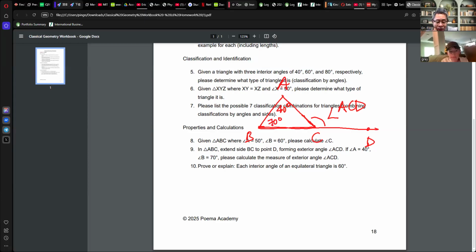Very good. Just add those together. You got 110. Very good. Now explain why each interior angle of an equilateral triangle is 60.